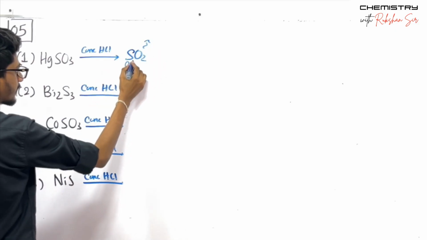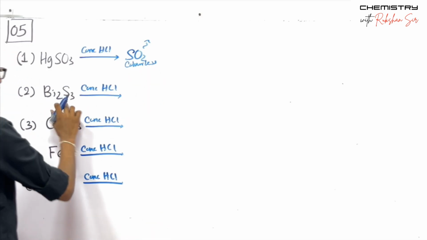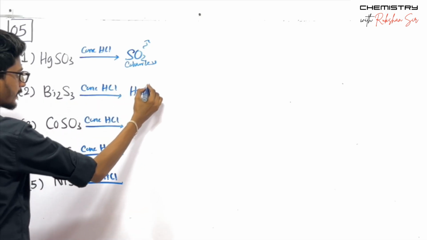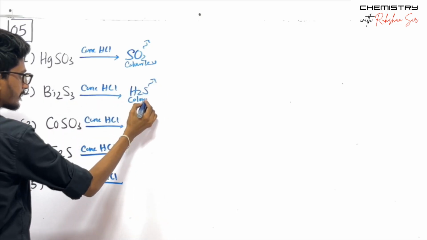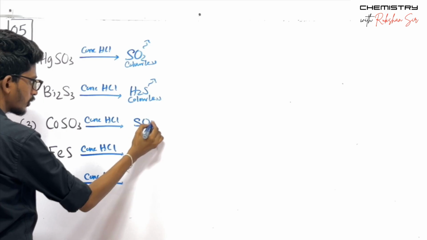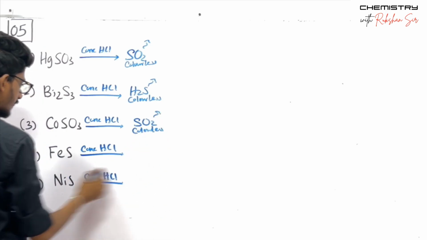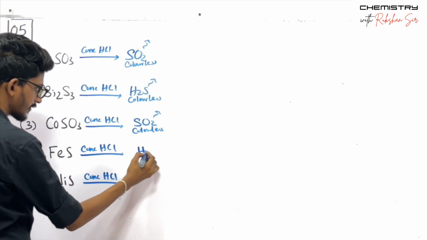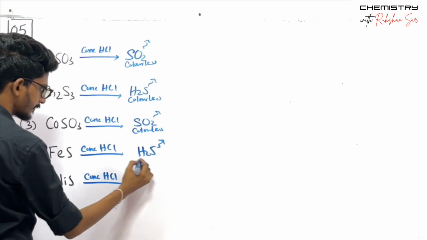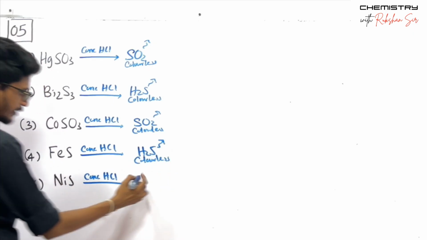which is colorless, and this one will release H2S gas, which is colorless. This one releases SO2 gas, colorless. Again H2S gas, colorless, and this one will release H2S gas again.